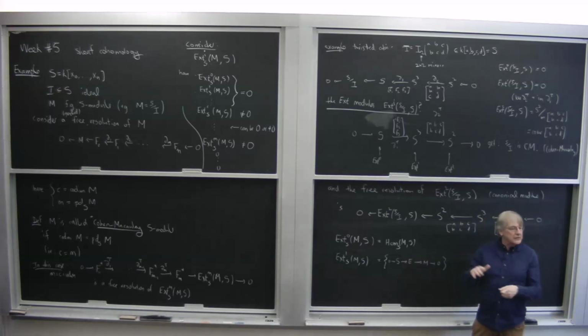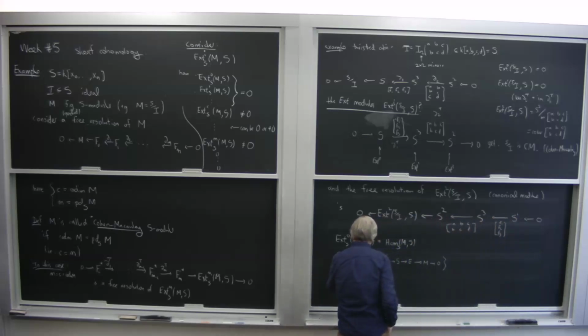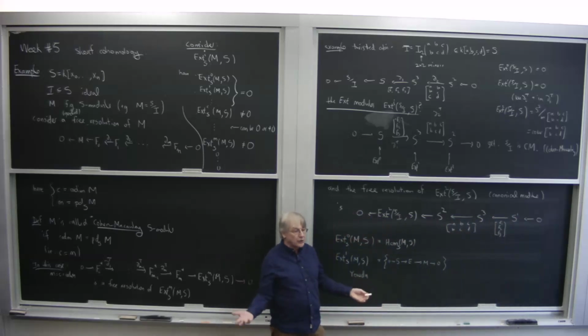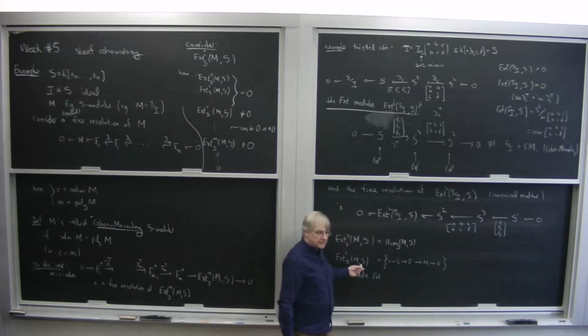So for the example, Ext1 is zero. So the only thing in the middle is just the direct sum, and this here would be S mod I in this case. That's not completely obvious. Even less obvious is what the addition is here. Once you piece together what this really means, there's an obvious thing, and it goes under the name Yoneda Ext. There's Yoneda's lemma, but there's also the whole Ext thing, which was done in total generality as well. There's another important aspect: you can have a product on these things. If I have an element of Ext1 of M, M and another one, I can get an element of Ext2 of M, M by composing things.